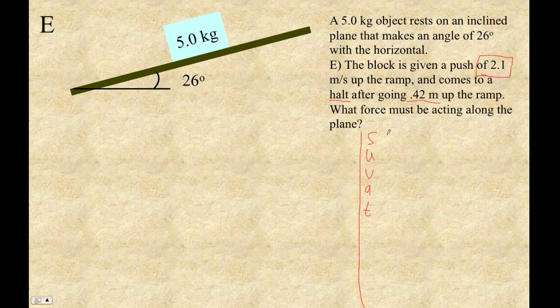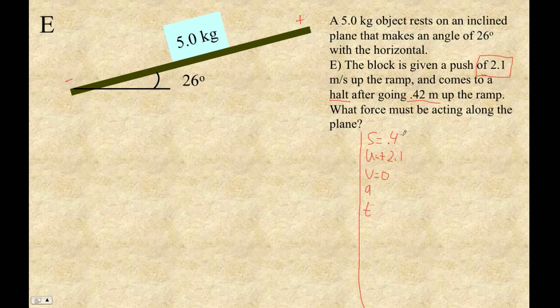Its initial velocity is up the plane, so it's a positive 2.1 meters per second. The final velocity is 0, and the displacement is 0.42 meters up the plane.